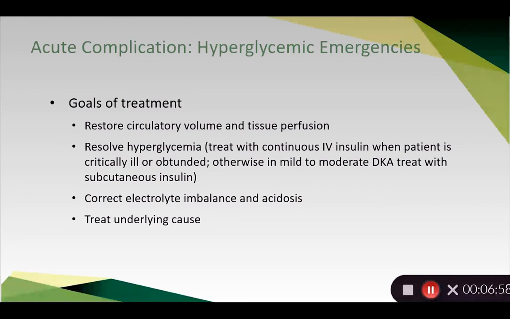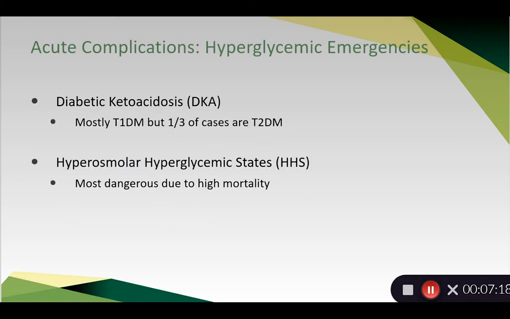Otherwise, if the patient is in mild to moderate DKA, we can treat with subcutaneous insulin. Again, another goal of treatment is to correct any electrolyte imbalances or acidosis that may be present and to treat the underlying cause. So let's talk about DKA.